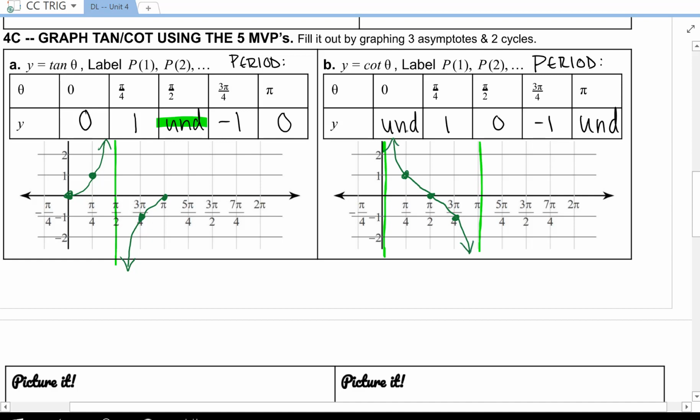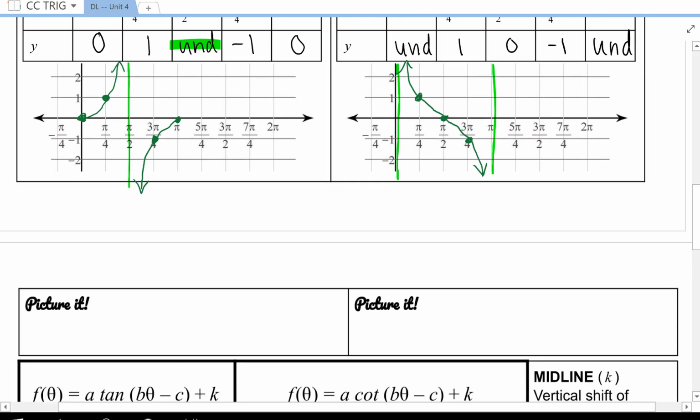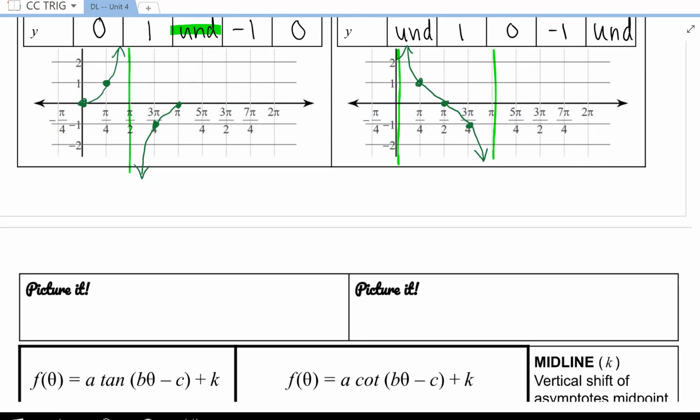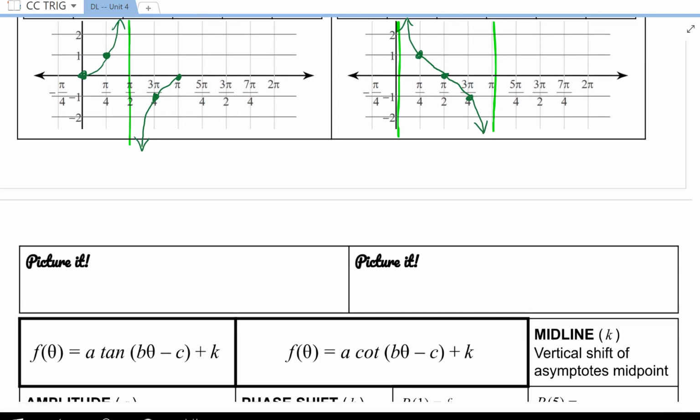Okay, so let's notice some things about tangent and cotangent when we picture it. So first of all, tangent is always increasing, right? The next point is above the point that was before it. And then it starts over at the vertical asymptote.